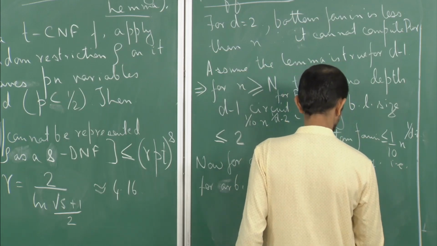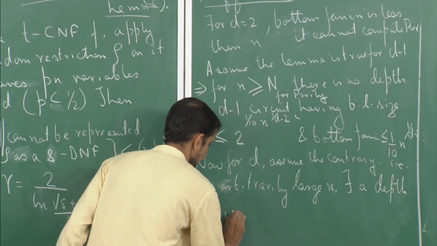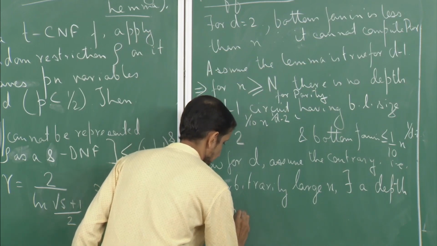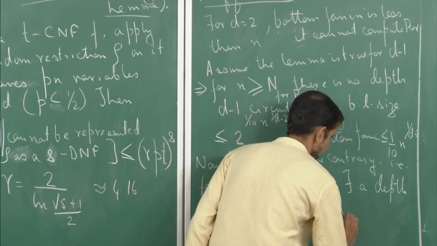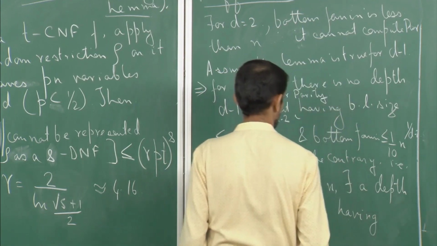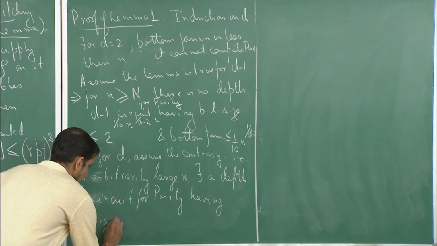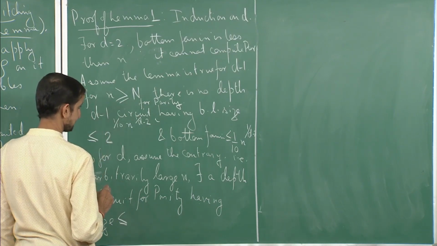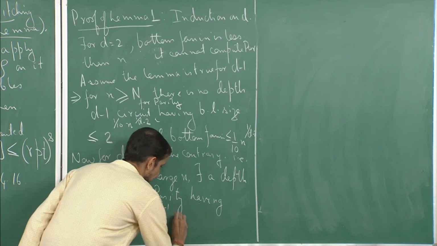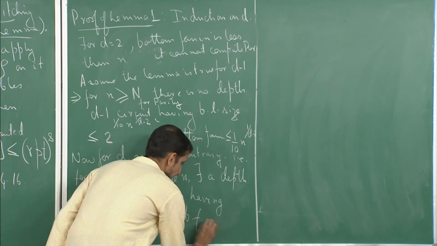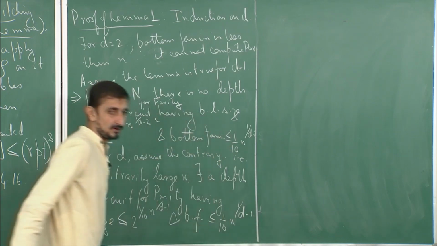okay, there exists a depth D circuit for parity having top fan-in size less than 2 to the power 1/10 of n to the power 1 over D minus 1 and bottom fan-in at most 1/10 of n to the power 1 over D minus 1.